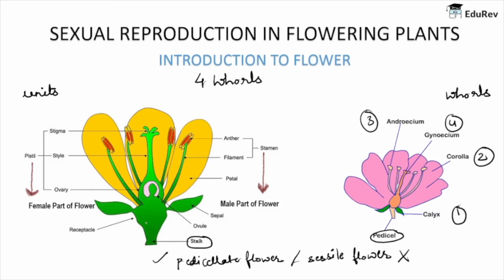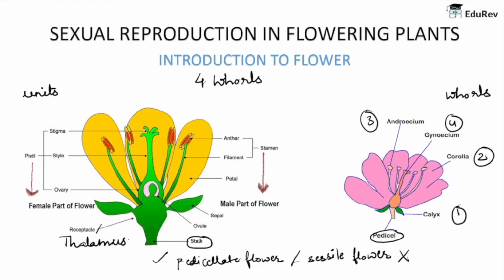Look at the yellow flower on the left side of the image. Just above the stalk you will see a thick fleshy structure which is called the receptacle, or another name for the receptacle is the thalamus.